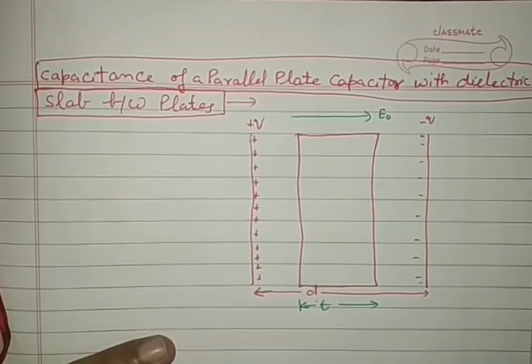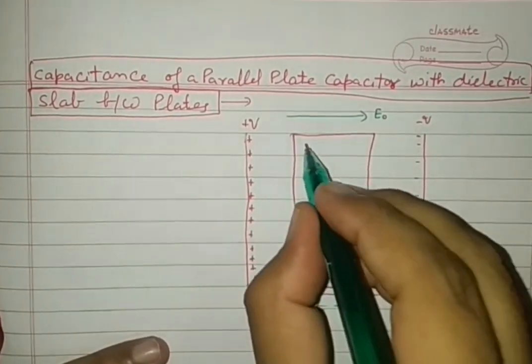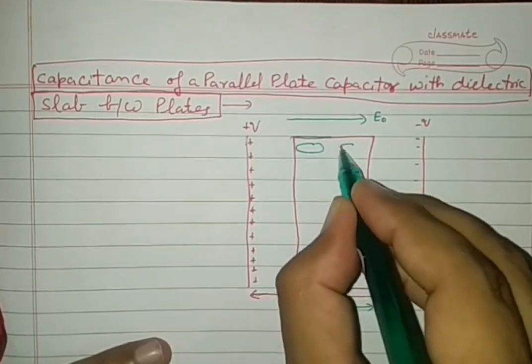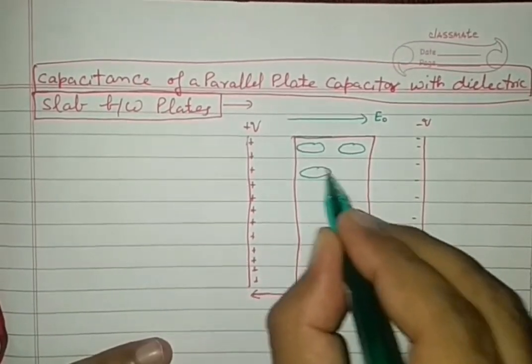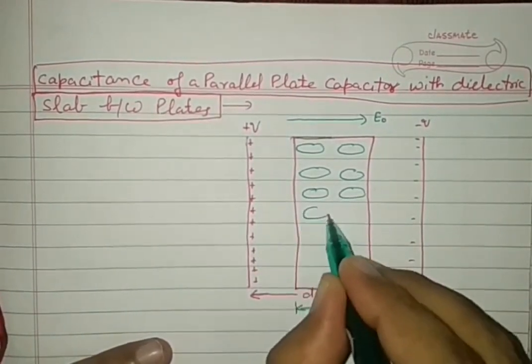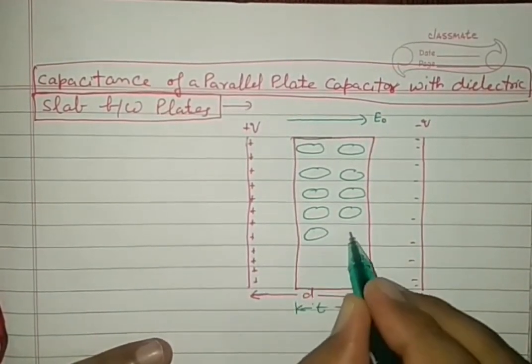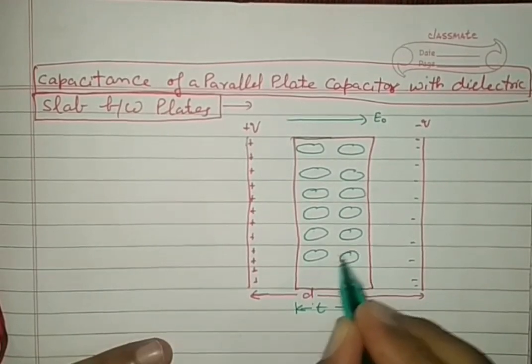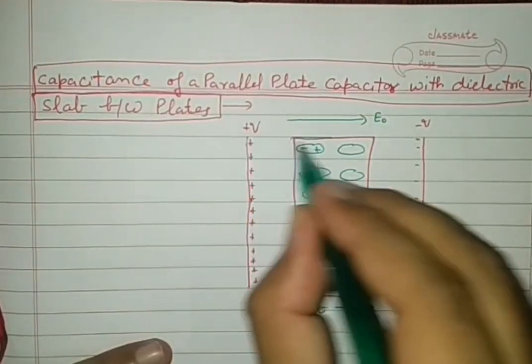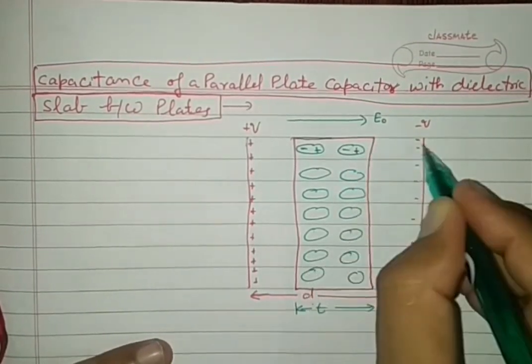As a result, in this dielectric the dipoles are reoriented in such a way, negative and positive.